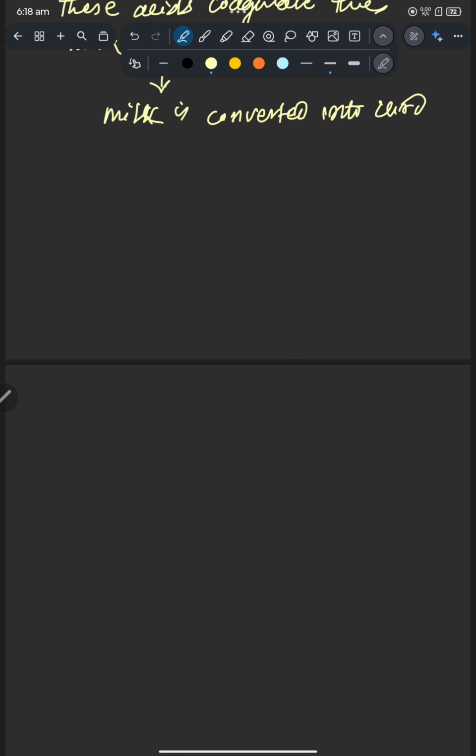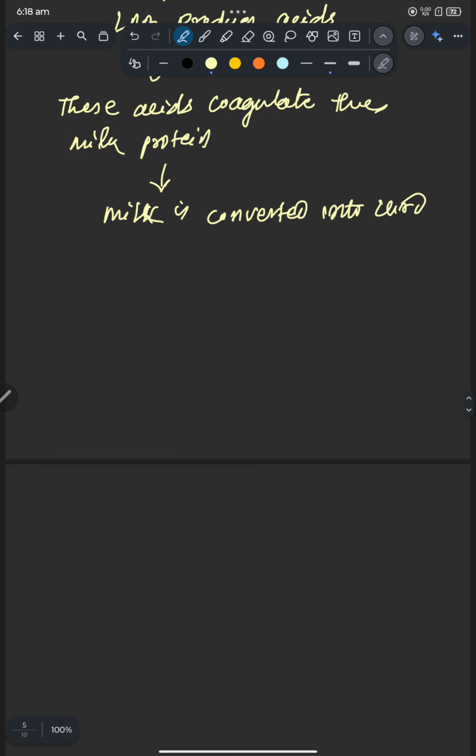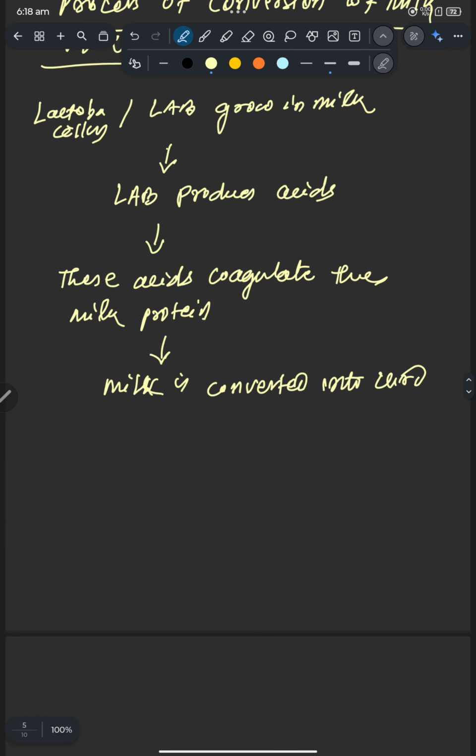Now what is coagulation of milk? So let me write down here only. Coagulation of milk means conversion of liquid milk proteins into semi-solid form.